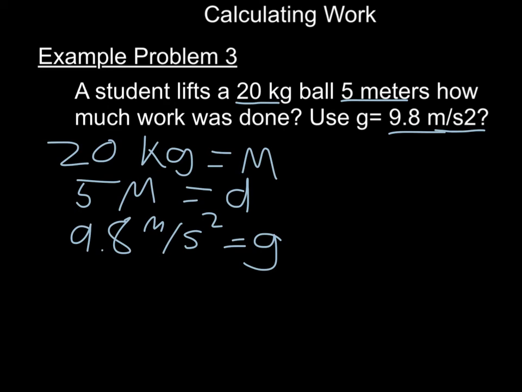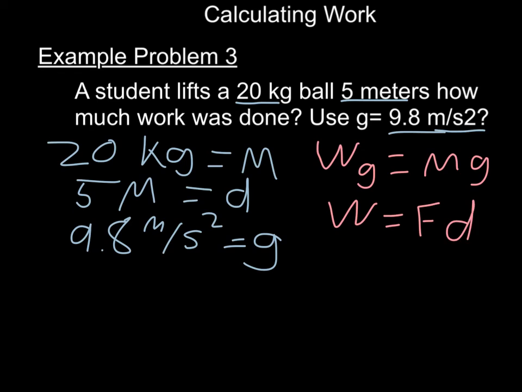We have two different equations we need to use here. We need to know what the weight is due to gravity, which we also know is a force, is equal to mg. We know that work is equal to a force times a distance.